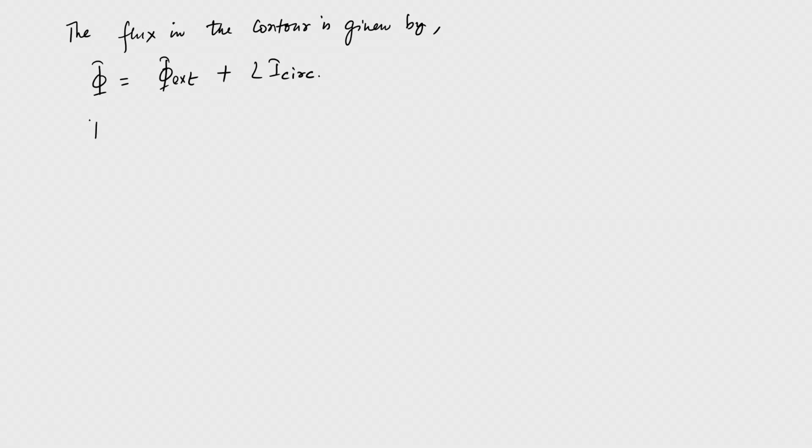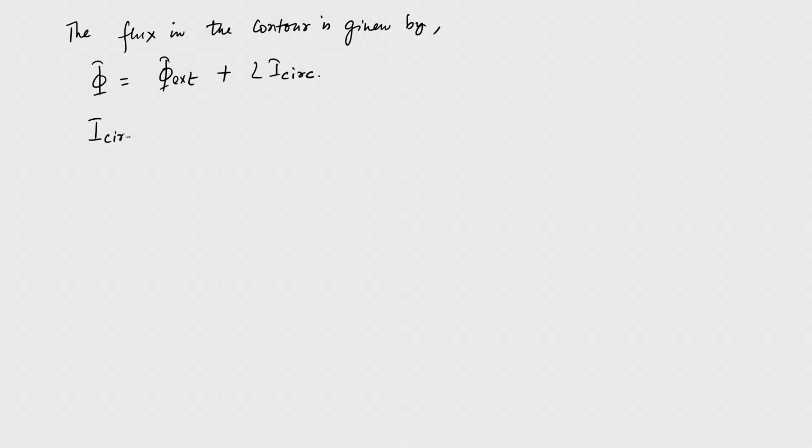Now, the circulating current: assuming that there is a self inductance of this SQUID circuit or the SQUID loop, which is given by L, the total flux would be the external flux due to the external magnetic field plus L I circ, where L is the self inductance of the loop and I circ is the circulating current.